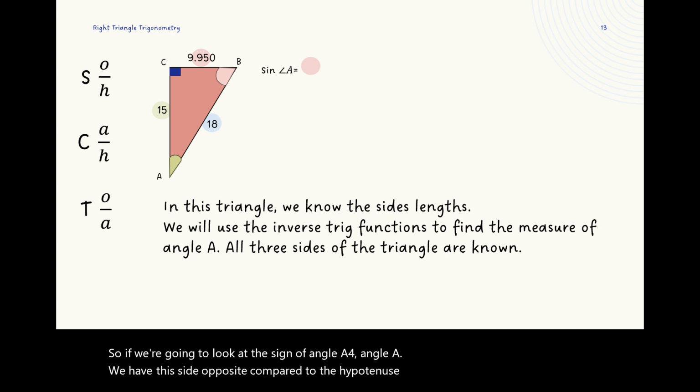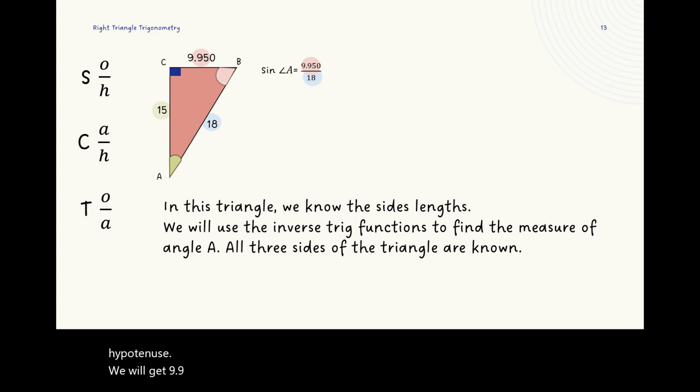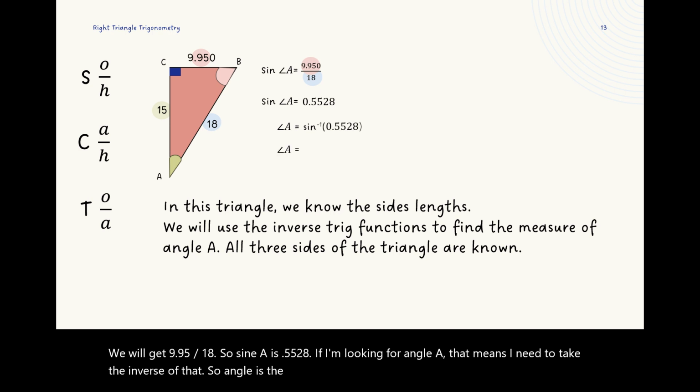So opposite over hypotenuse gives 9.550 over 18. So sine A is 0.5528. If I'm looking for angle A, I need to take the inverse of that. So angle A is the sine inverse of 0.5528, or 33.6 degrees.